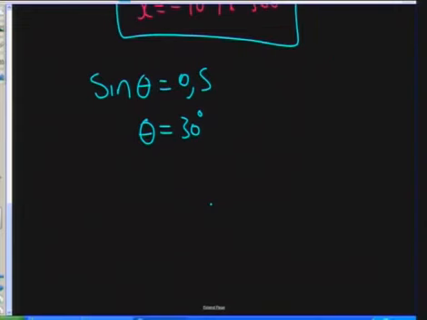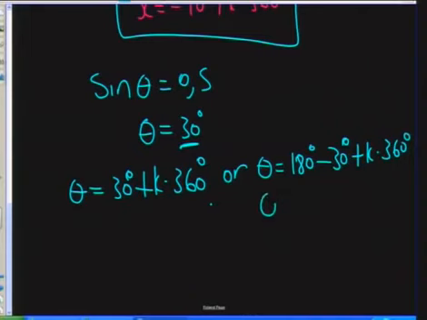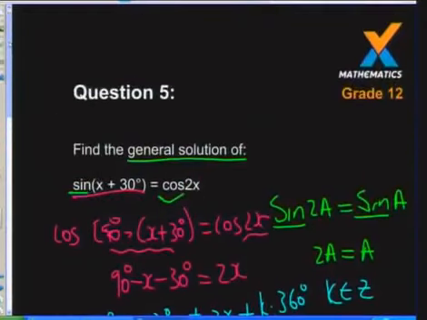This is your key angle. So the general solution for sine is the key angle plus k times 360, or theta equals 180 minus the key angle, which is 30 degrees, plus k times 360. So theta is 150 plus k 360. So you can still use sine. You can change both sides to be sine, and use the general solution for sine.